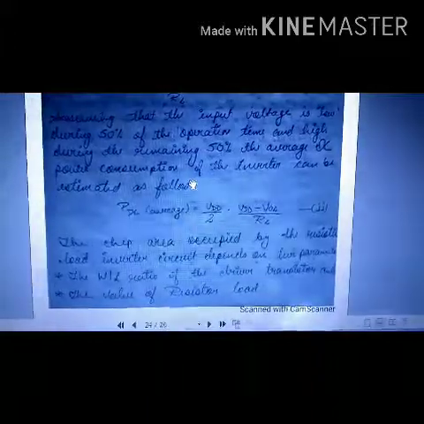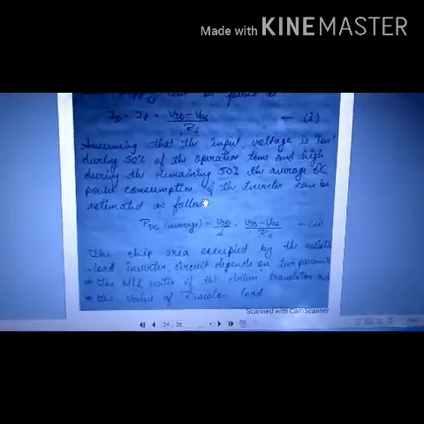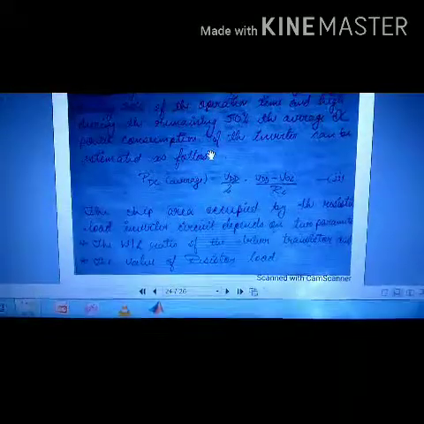The chip area occupied by the resistive load inverter circuit depends upon two parameters: W by L ratio of the driver transistor and the value of the load resistor. The power will be consumed because of the W by L ratio of the driver transistor and the value of the load resistor, because current depends upon the W by L value and the resistance value of the load resistor.